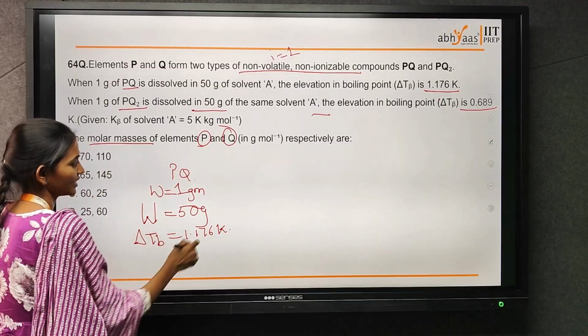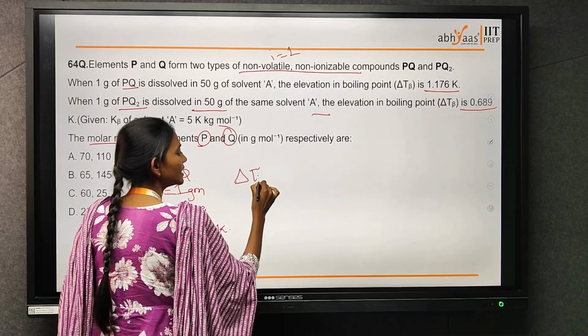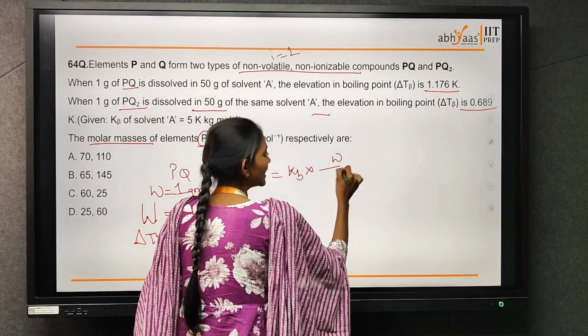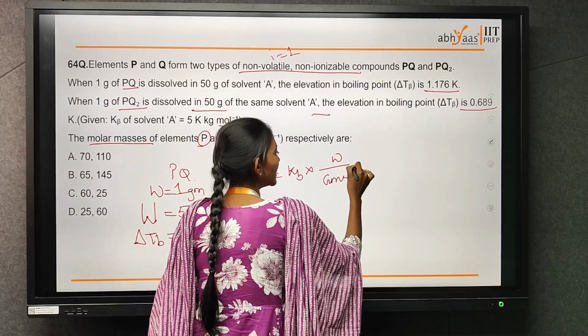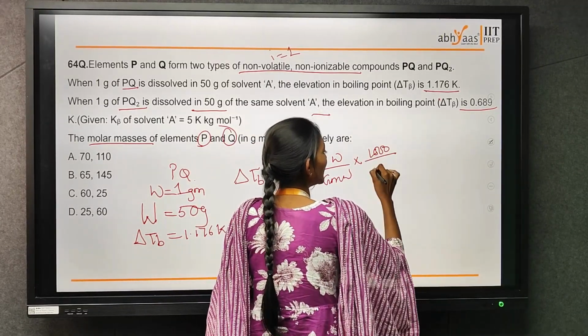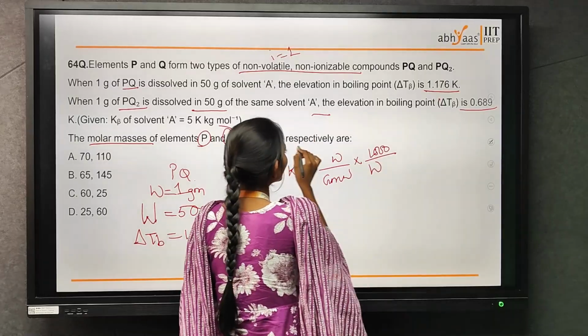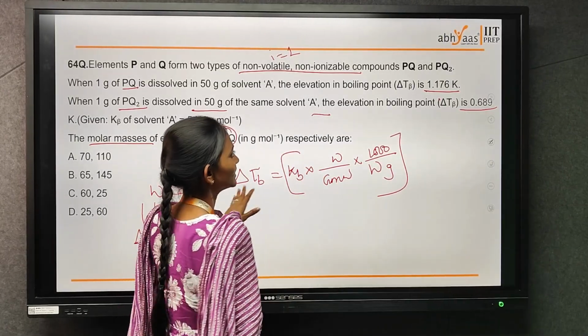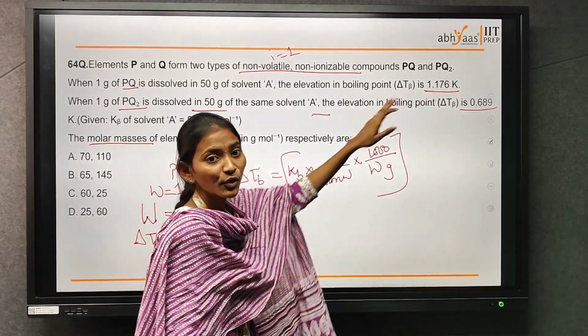So apply the formula here: delta Tb equals Kb into weight by gram molecular weight into 1000 by weight of solvent. They are asking in grams only, so weight in grams. So here, how much is the elevation in boiling point?